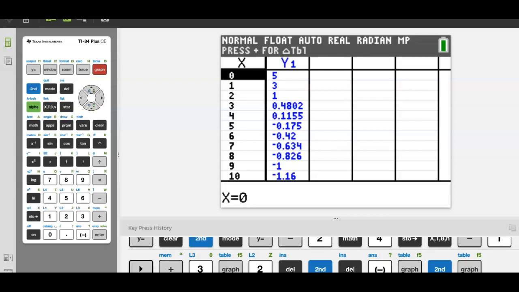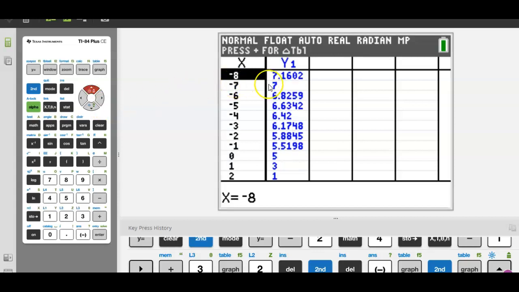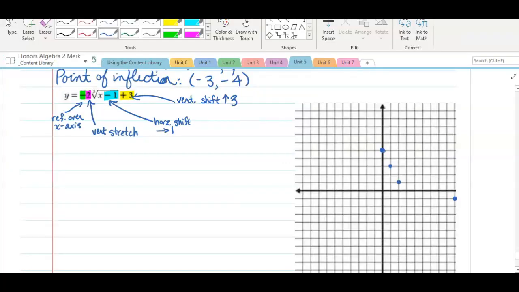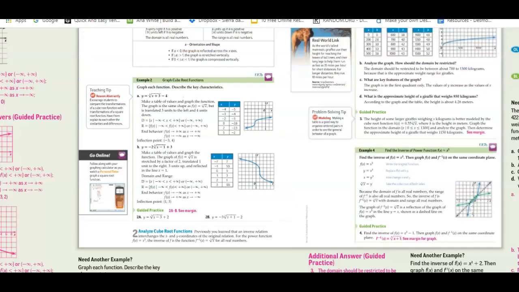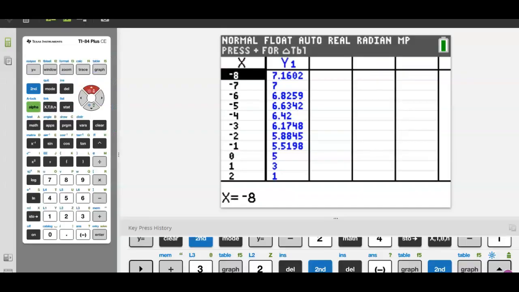Now to get other points, I just need to use my cursor to go up. See if we can find any points. Oh, negative 7, 7. That's a nice point. That might be as many nice integer points that I can fit on my graph.